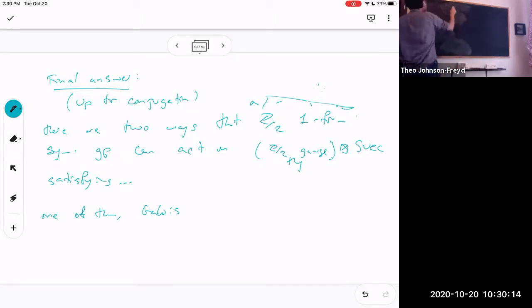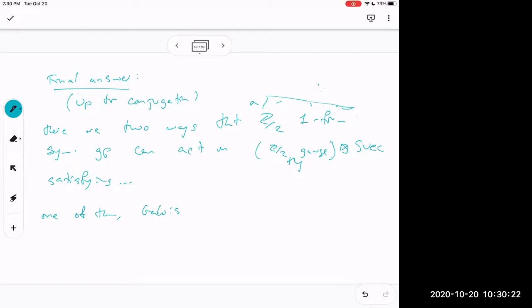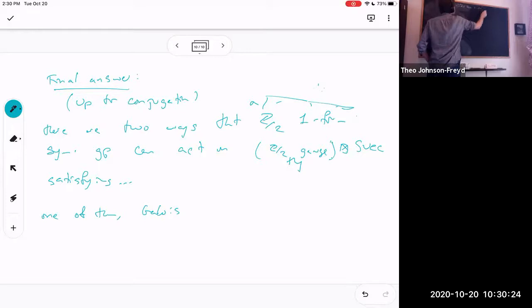There are 2 non-degenerate braided fusion 2 categories.